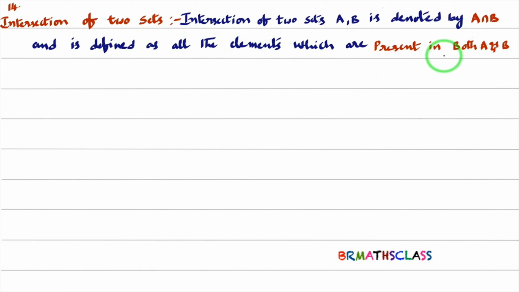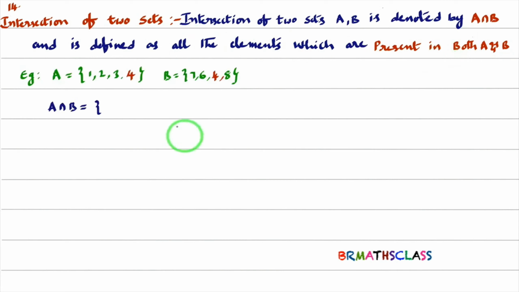We can understand this with an example easily. Here you observe two sets are there, A and B. What is A intersection B? All the elements which are present in both A and B. One is there in A, not in B. 2 is there in A but it is not in B. 3 is there in A but it is not in B. You observe 4 is there in A and 4 is present in B also.